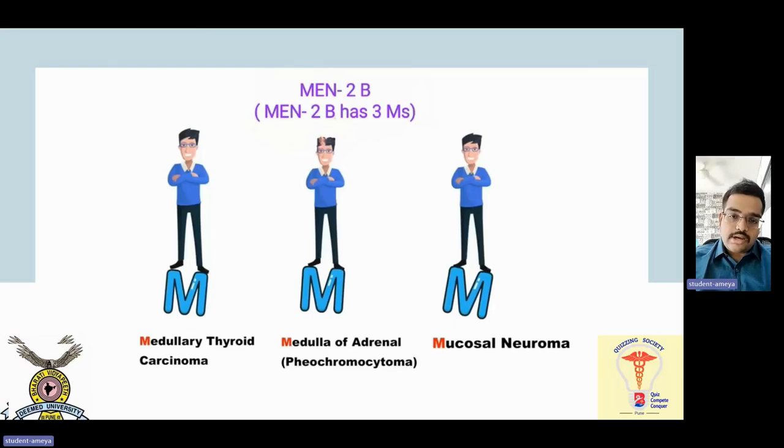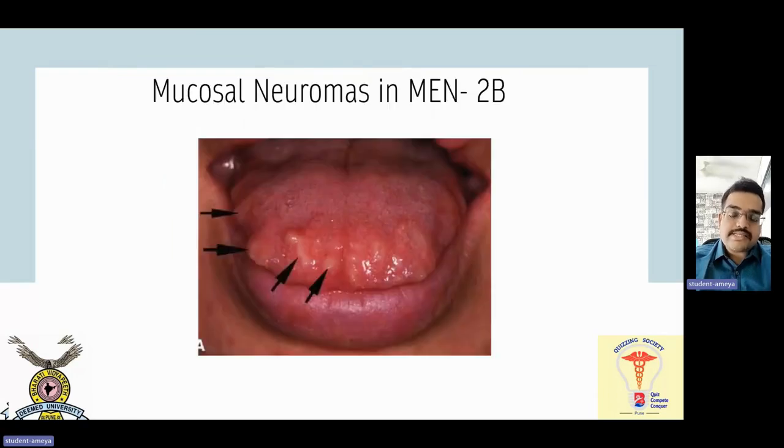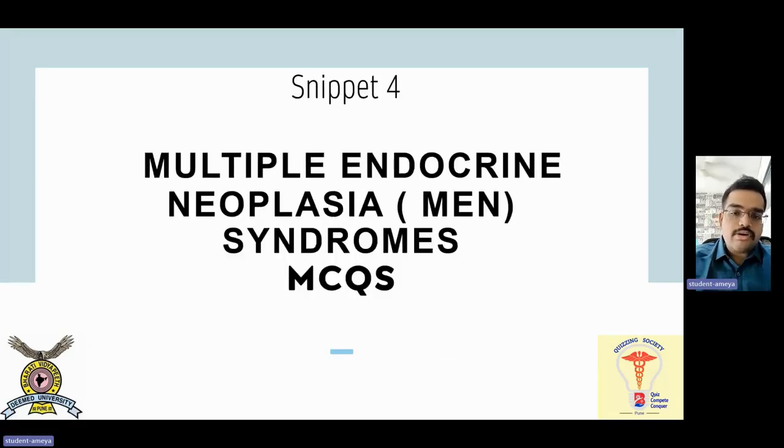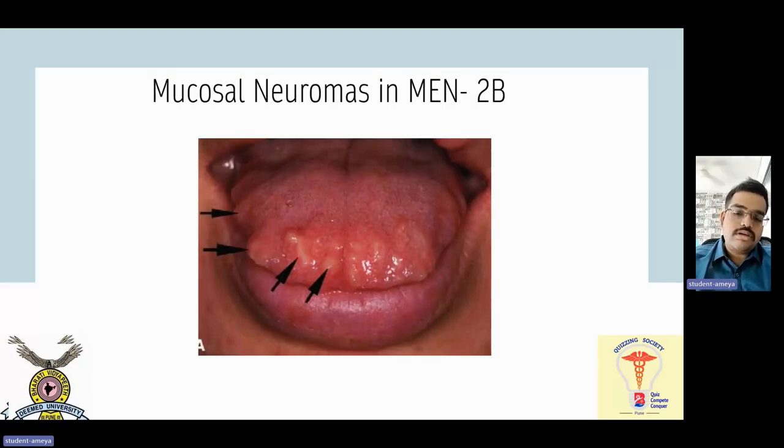Okay. Now moving on to MEN4 syndrome. This MEN4 syndrome has been recently described. Before that, showing you the image of mucosal neuromas in MEN2B, you can see multiple neuromas on the undersurface of the tongue. Moving on to a recently described multiple endocrine neoplasia, that is MEN4.